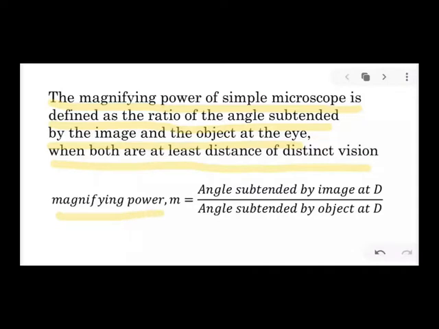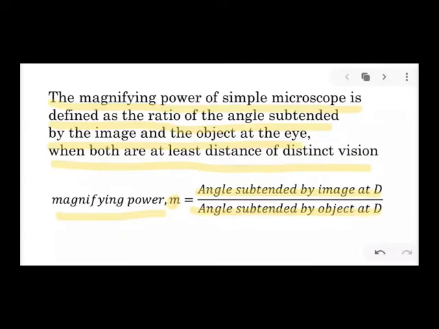Magnifying power small m can therefore be written as the ratio of the angle subtended by the image at the least distance of distinct vision capital D to the angle subtended by the object at the least distance of distinct vision capital D.